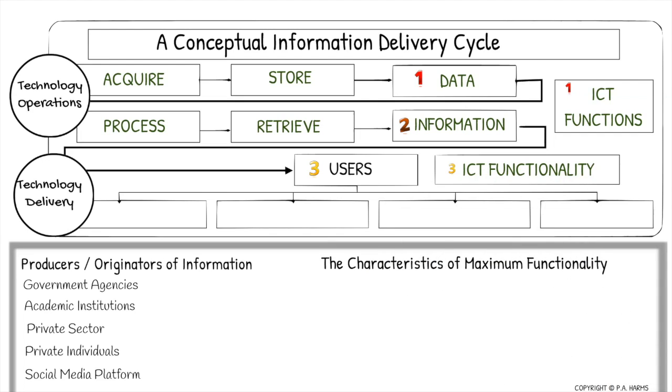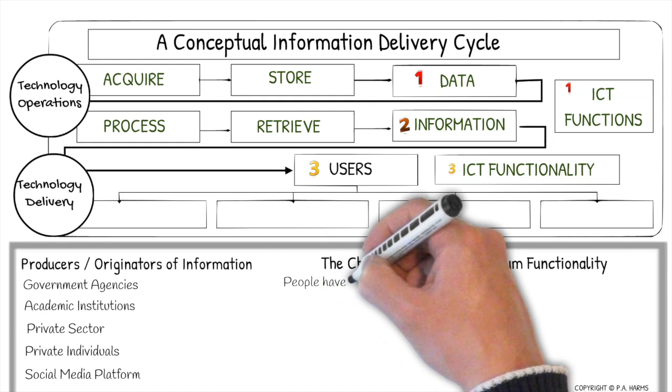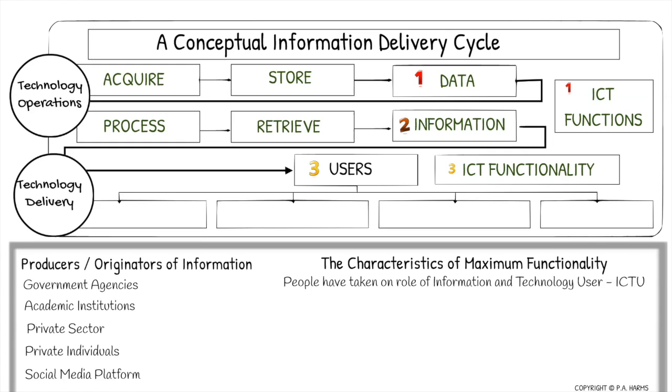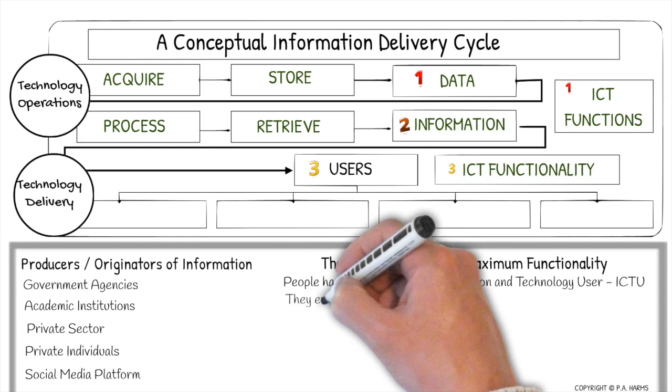We now turn to the characteristics of maximum functionality. There is a theory that persons have assumed a predominant role in society in respect of information technology. This role is referred to as information and communication technology user. In short, an ICTU. ICT has permeated every facet of society, thereby enticing its users to test its functionality at every turn.